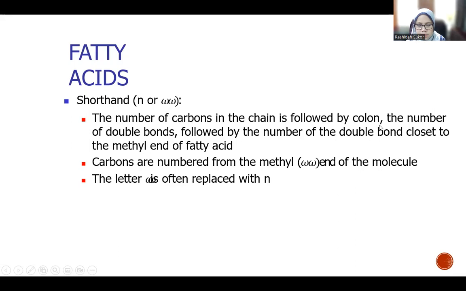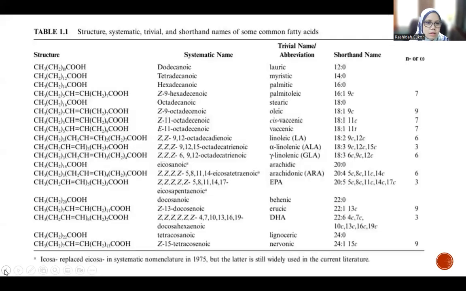Yang macam 16 colon tu double dot lah. 0, the number of double bond followed by the number of double bond closest to the methyl end of fatty acid. Because tadi kita tengok ada yang COOH, ada yang methyl end kan dekat sini. So this side is the COOH side, this one is the methyl side.